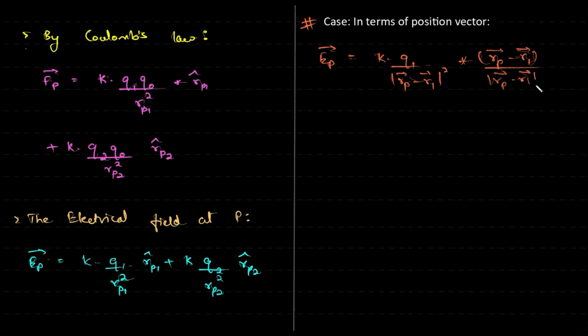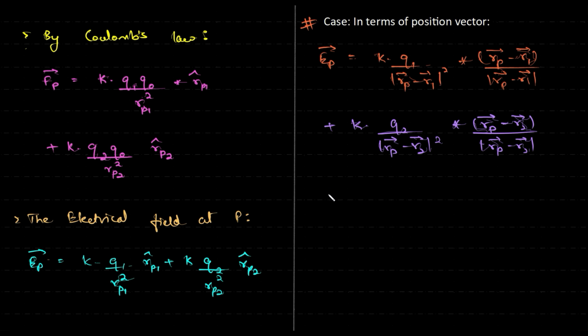I hope you remember how to find the unit vector. Plus now the second term, Q2 by RP minus R2, the magnitude squared, and then the unit vector, the vector divided by its magnitude.